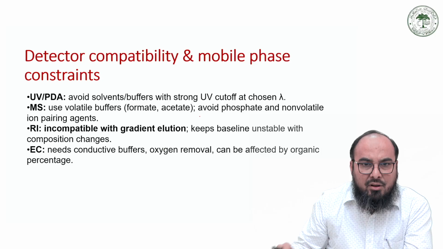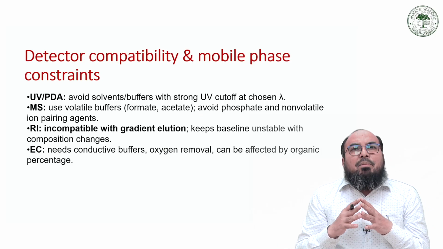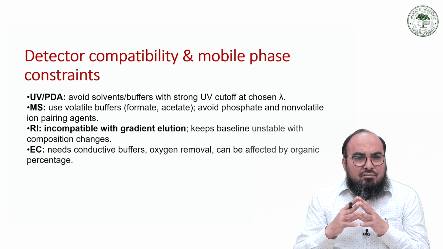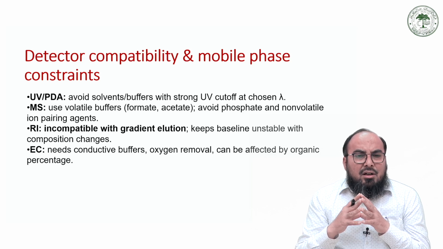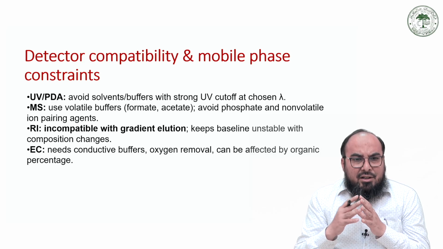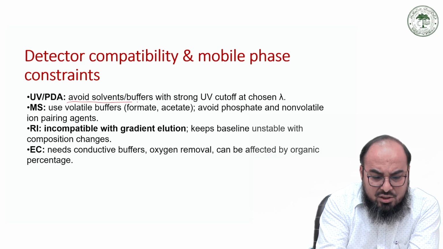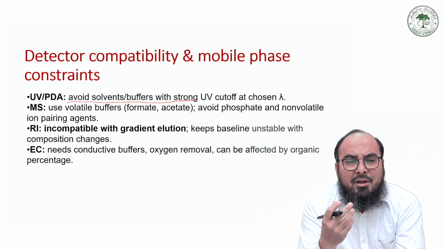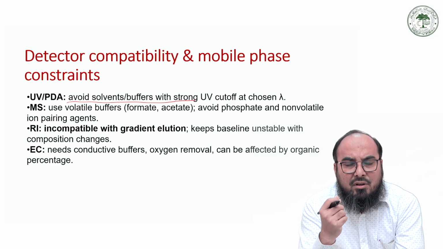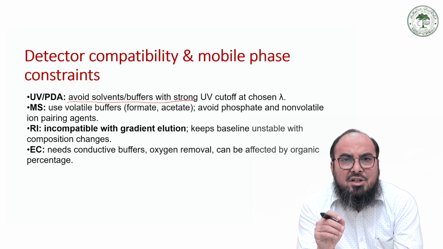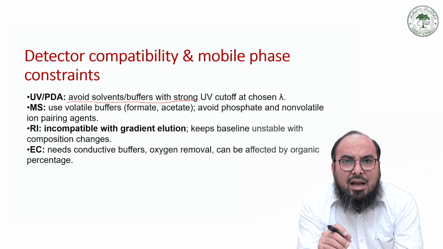Now, detector compatibility and mobile phase constraints. For example, when you are using the UV visible detector or the PDA detector, avoid solvents or buffers with a strong UV cutoff, so that they do not interfere with the signal from the analyte.